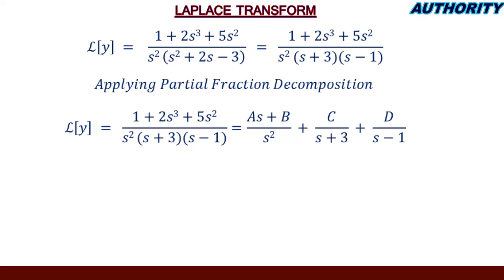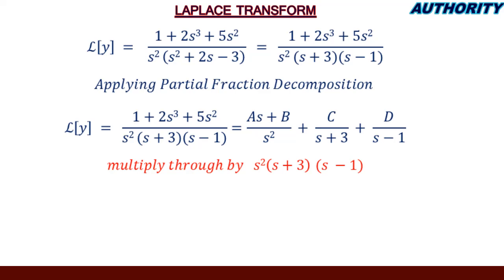Now let's go. The next step we take is to multiply through by the denominator of the left-hand side. That is, we multiply through by s squared, s plus 3, s minus 1.